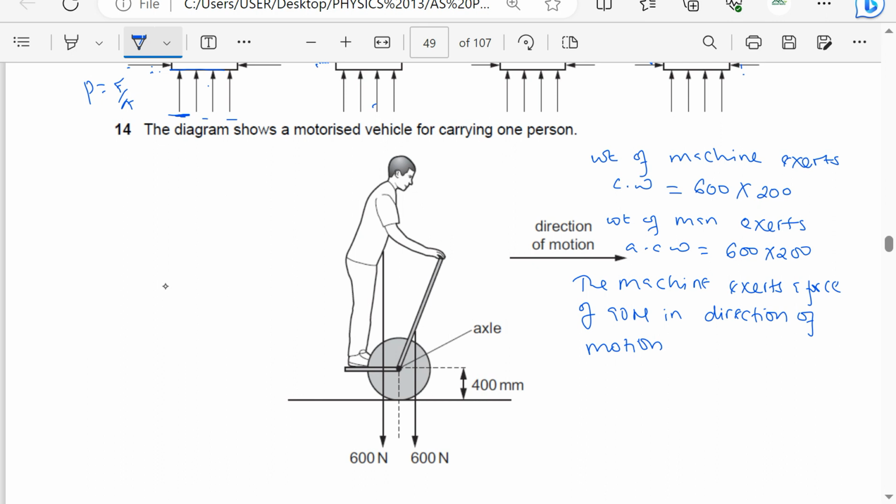If the machine exerts a force of 90 newtons in the direction of motion, and the force is not acting through the axle, then with respect to the position of the axle it is providing a moment.